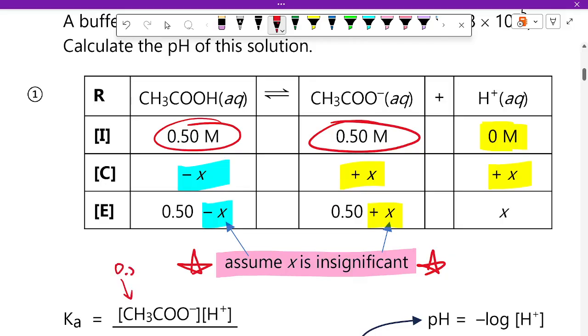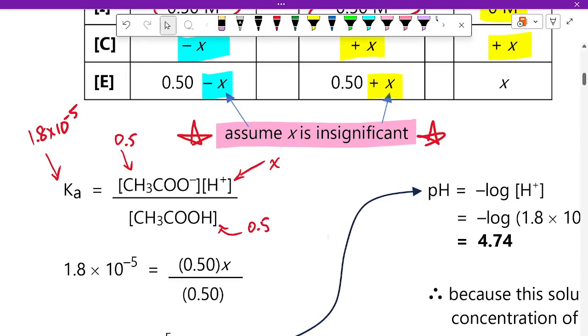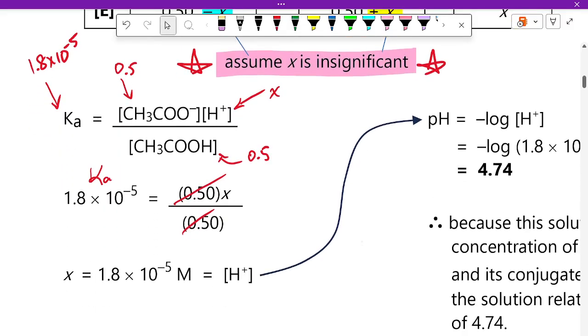Acetate is 0.5 because we got rid of the X. And hydrogen is X, and we know the Ka, right? It is 1.8 times 10 to the minus 5. And so we get 0.5 times 0.5 is equal to, oh, look, those cancel out, and we're left with X is equal to Ka.